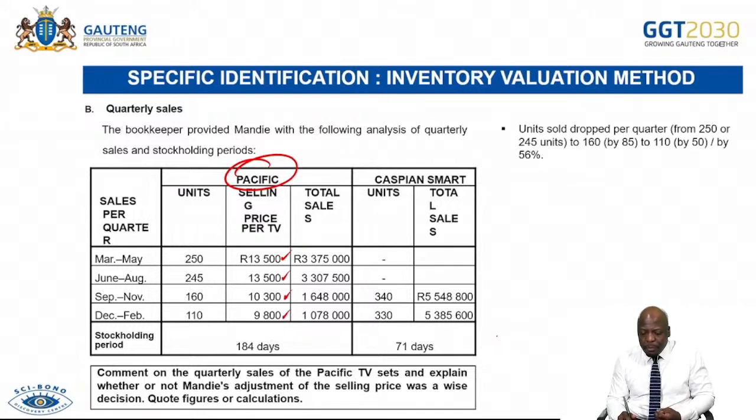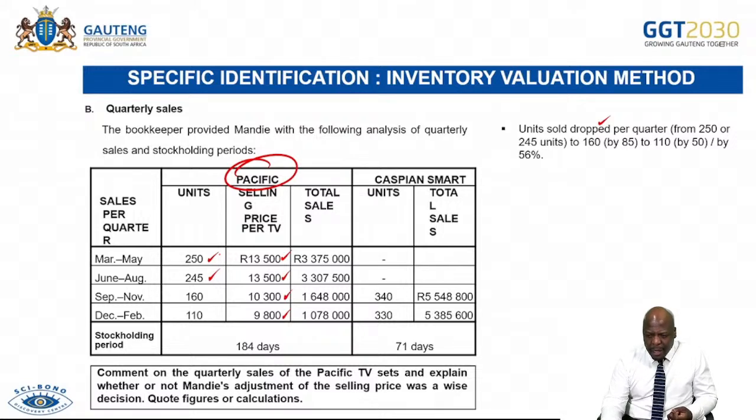Number one, when she adjusted the selling price, the units sold dropped. The units sold dropped from 250 to 245. So you can see that it did not give the required change. In actual fact, the units sold dropped.